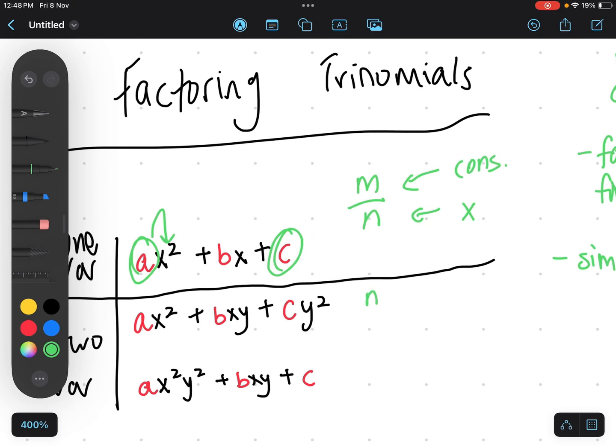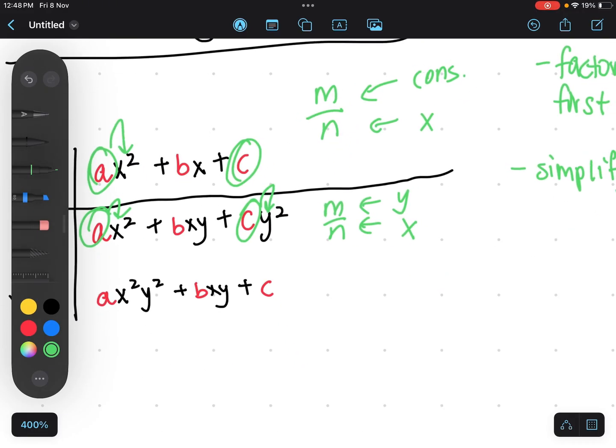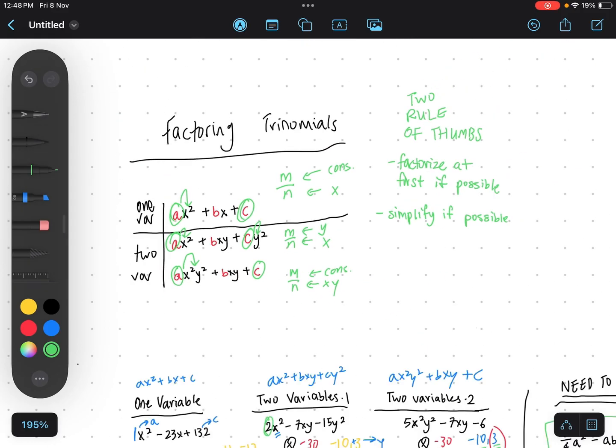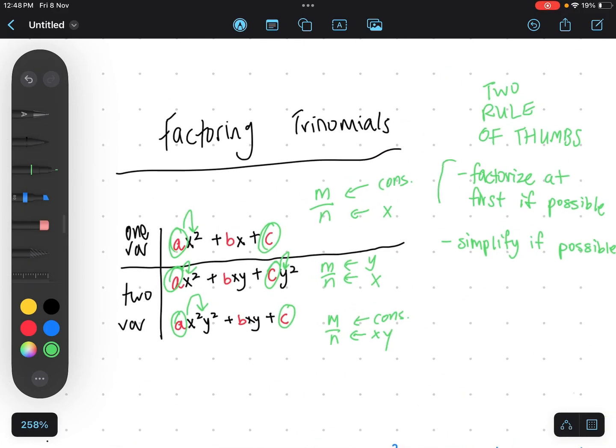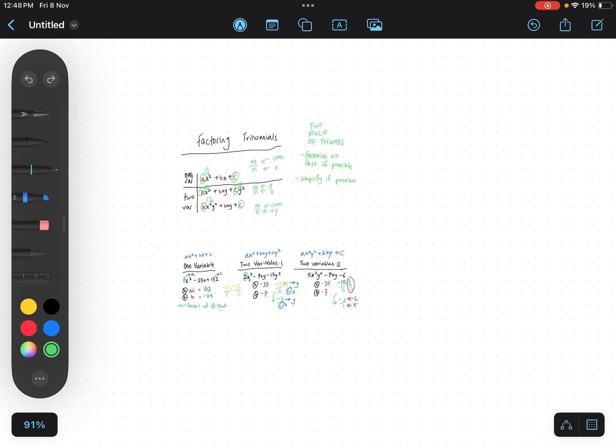For this one, it's the same thing. This one is the one closest to a, which is x. This one's the one closest to c, which here is a term, and it's y. So it's not constant. And the last one, we will have a, which is x and y, and c, which is nothing, so it's just a constant. So this is our quick summary. Of course, factorize at first if possible, and simplify a fraction always, if possible.